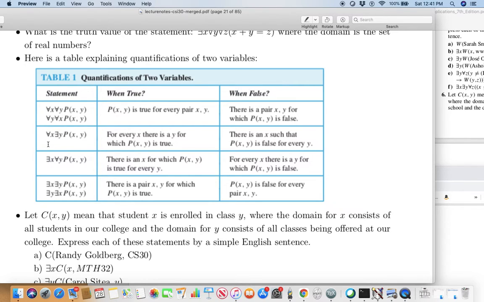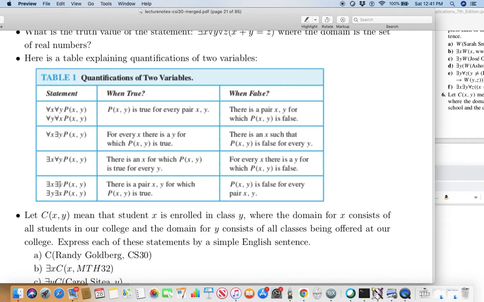Next statement: for every x, there exists y such that pxy. For every x, there is a y for which pxy is true. When is this false? There is an x such that pxy is false for every y.